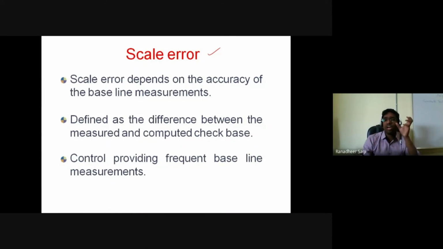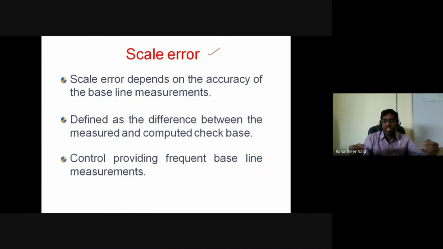How accurately you have measured your baseline in the field. Depending on that, the sides you calculate using your baseline dimension and the subsequent angular measurements, based on your angles and your baseline dimension, you are going to understand the accuracy of the sides of those respective figures that you are calculating.